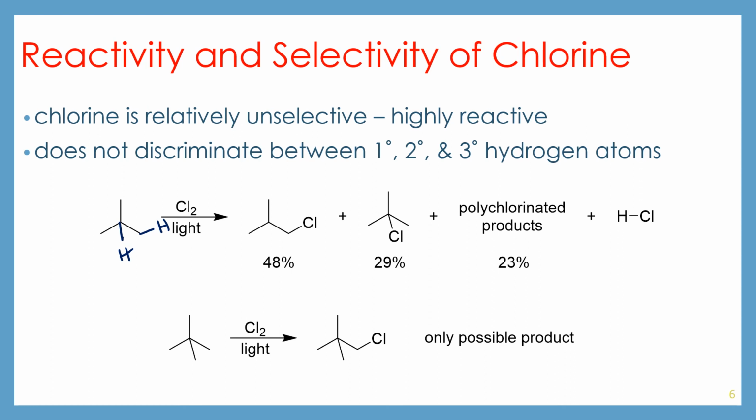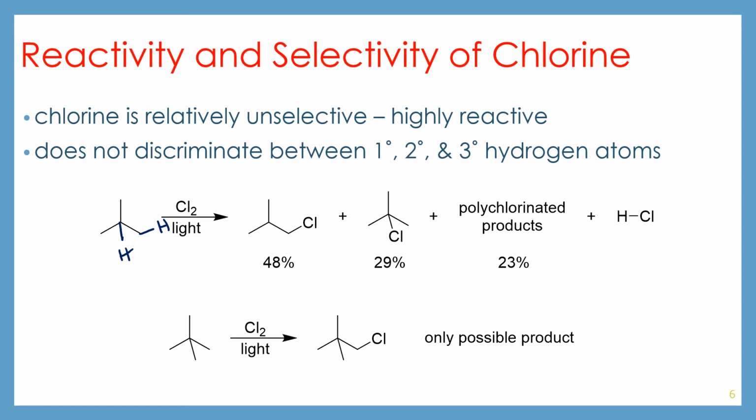When you compare the fact that there are 9 methyl hydrogens to just the 1 methine hydrogen in the middle, it shows you how much more stable that tertiary radical must be if this much of the tertiary product is formed. And then you also end up with a good number of polychlorinated products.